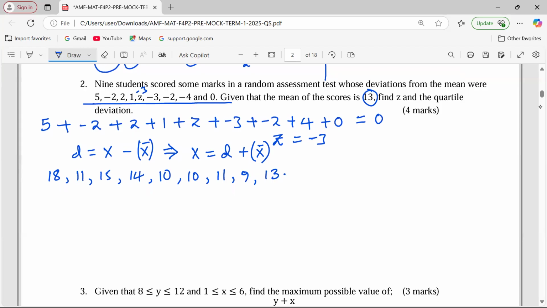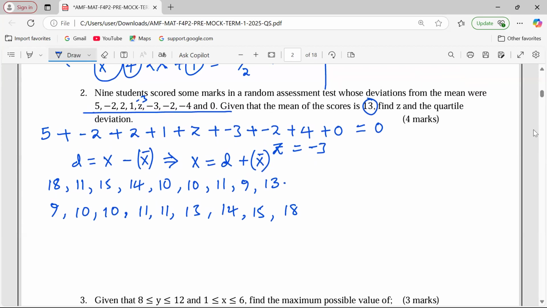So we begin by the least value, which is 9. Then after 9, we can talk about 10, but 10 is occurring twice. Then we go to 11, which is also occurring twice. Then we'll have 13, 14, 15, and 18. These are now the 9 students and their marks.